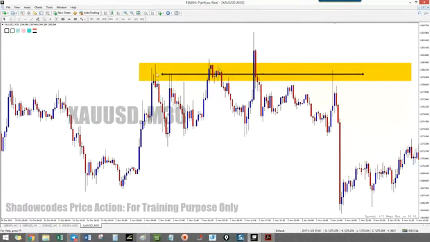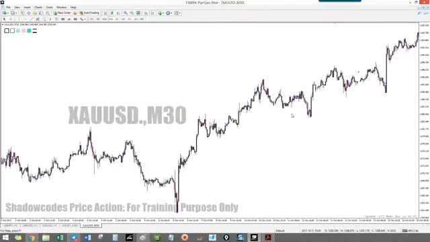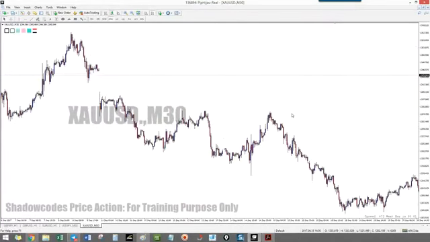This is not a very good one. Actually, I will take this one. But if it's using ST, you can also use this one. Okay. These two candle. Okay. Let's find another one. I want to find for buy setup.